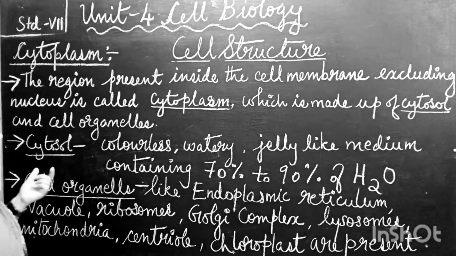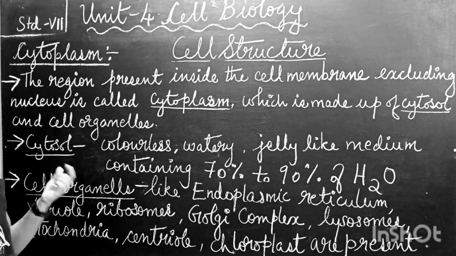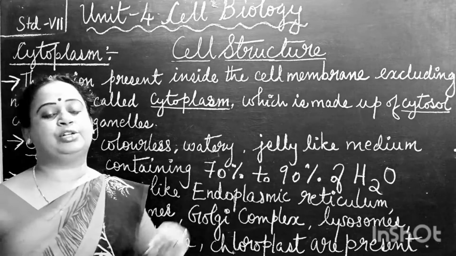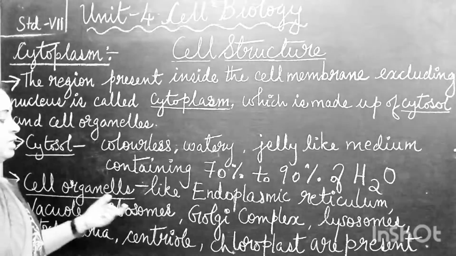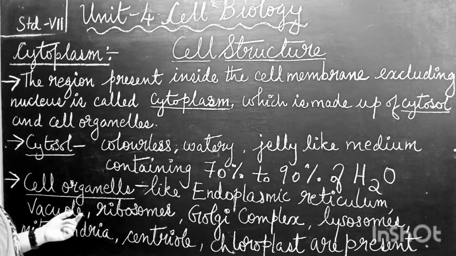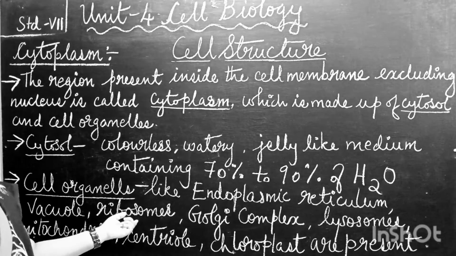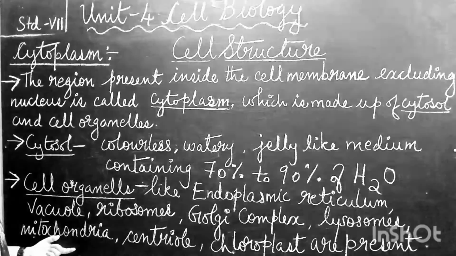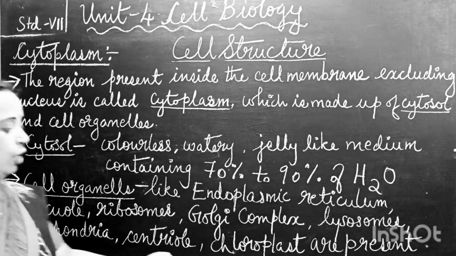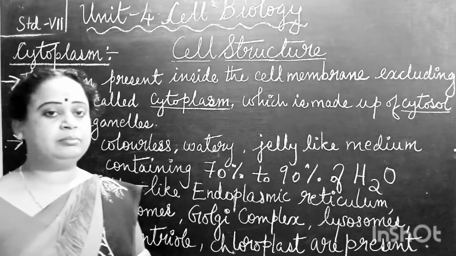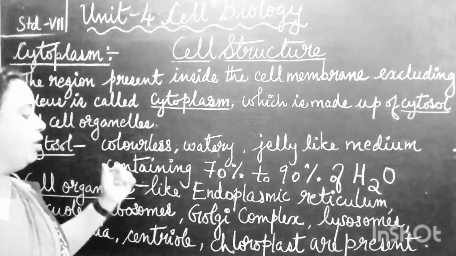Now what are the cell organelles? Cell organelles are also present along with the cytosol inside the cytoplasm. These cell organelles are endoplasmic reticulum, vacuole, ribosomes, Golgi complex, lysosomes, mitochondria, centrioles, and chloroplast.